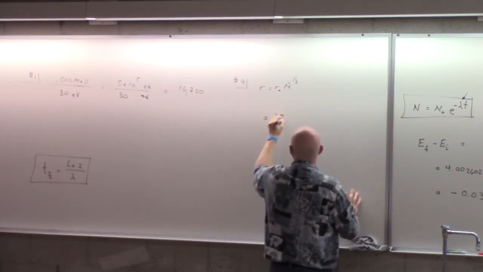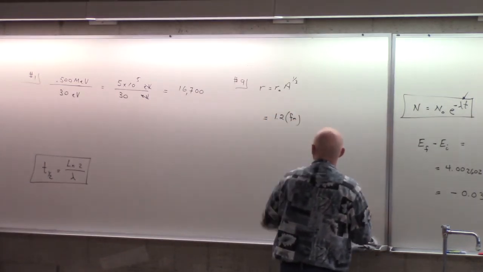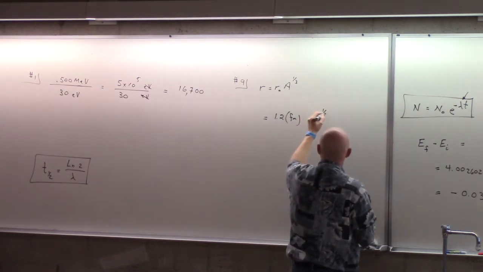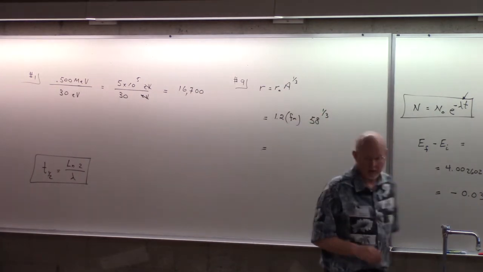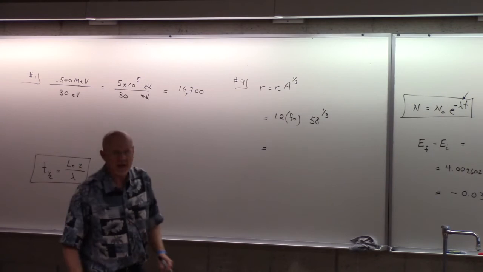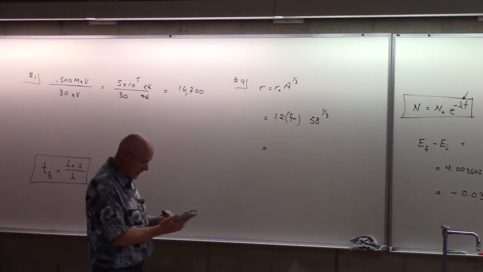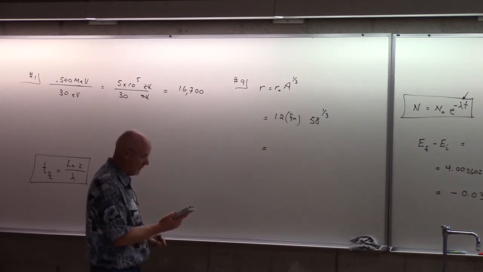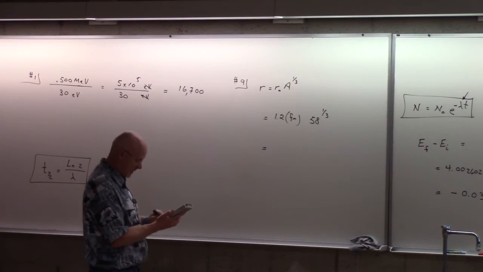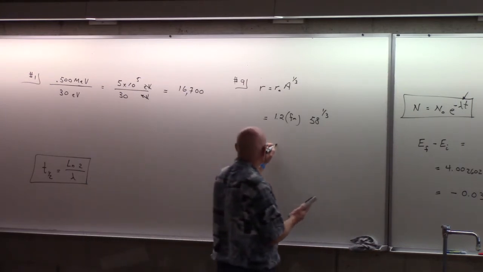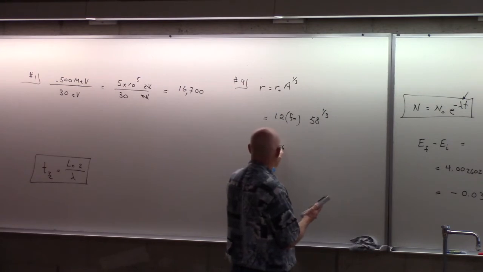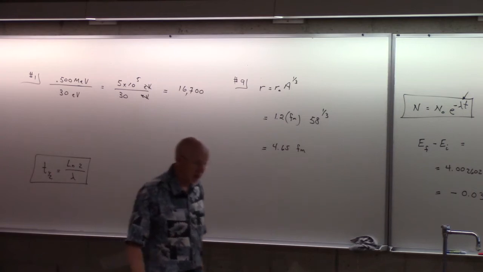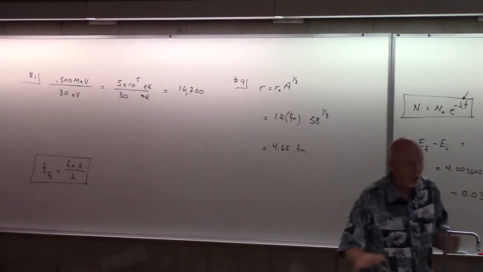So I'm going to put 1.2 femtometers for the radius of one individual one, and it's the 58 that is kind of the giveaway. And so that's how many nucleons we have. So taking 58 and raising it to a power of 1/3, and then multiplying that by 1.2, this looks like 4.65 femtometers.